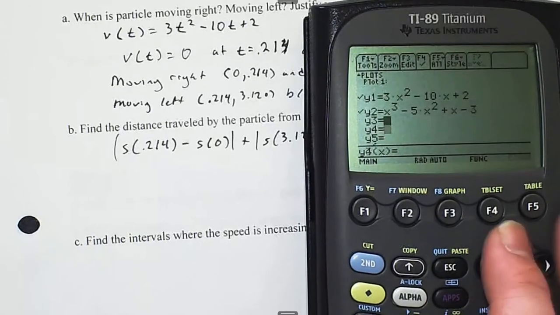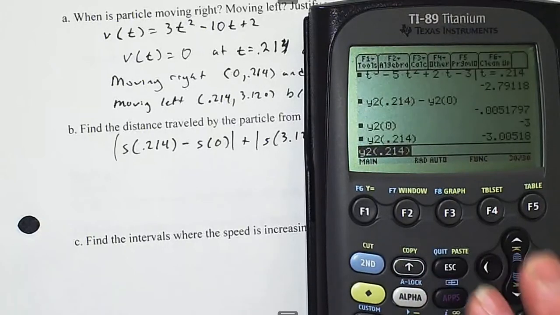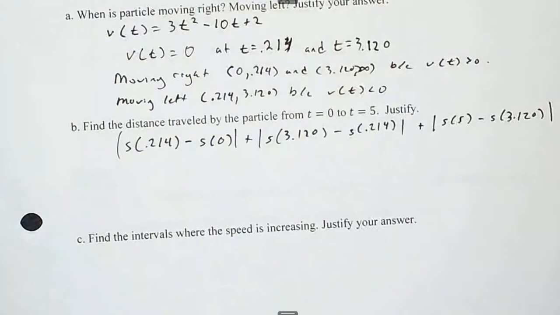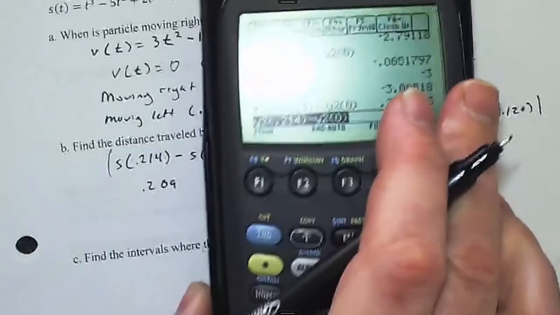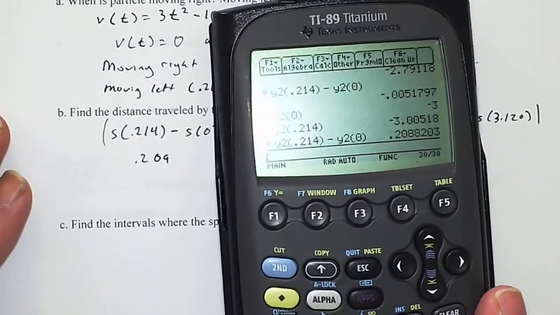Oh, I sure did. I've got a 2 here. All right, so I'll go back and do that one more time. And that's 0.209.